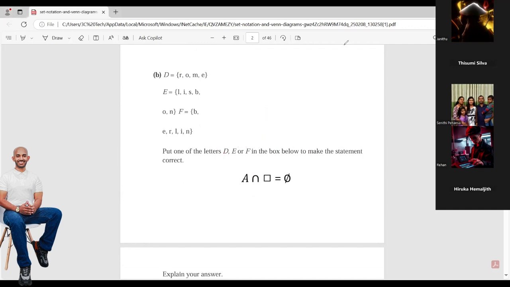Set D contains R, O, M, E as the elements, and E contains L, I, S, B, and F contains these ones. Sorry, typing mistakes.